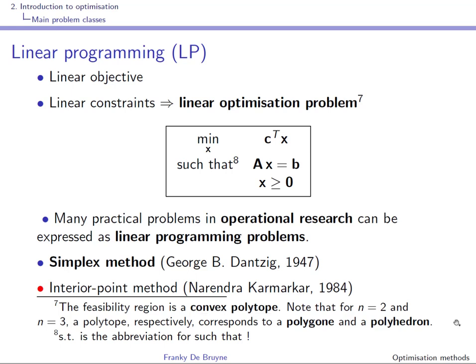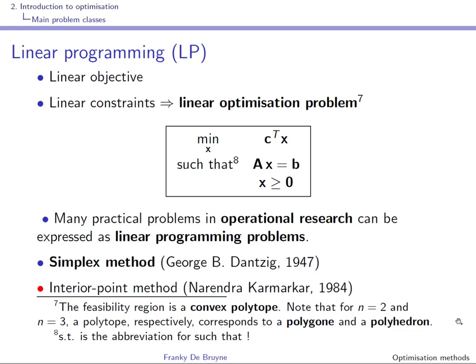In this course, we'll present and use the simplex method. This method dates back from 1947. There is also a more recent method called the interior point method, but this method goes beyond the scope of this 15-hour course. For your information only, you might wonder what is a simplex and why the method is called the simplex method.